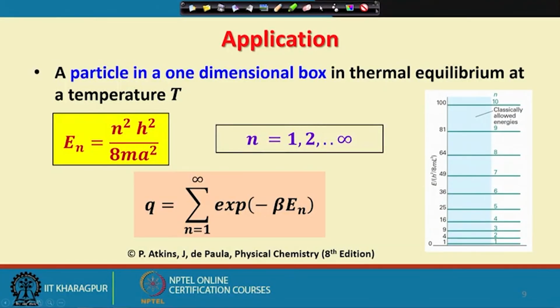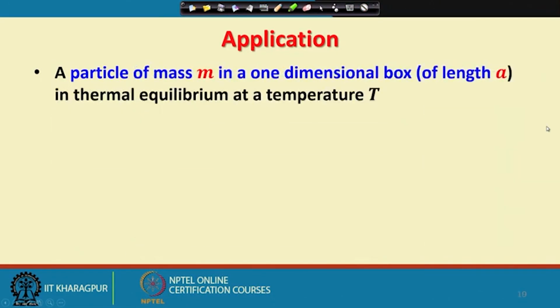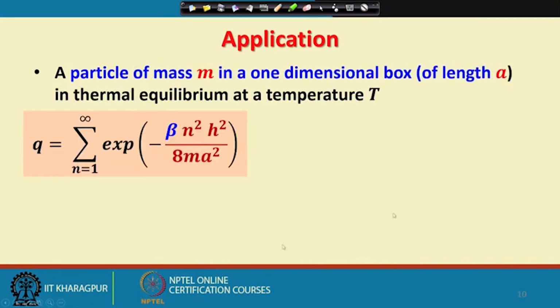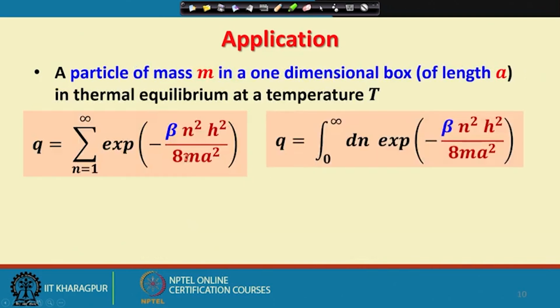The scientists are very smart people, so they found alternative ways of evaluating this sum, and that is as follows. They understood that this series summation can be replaced by an integral.